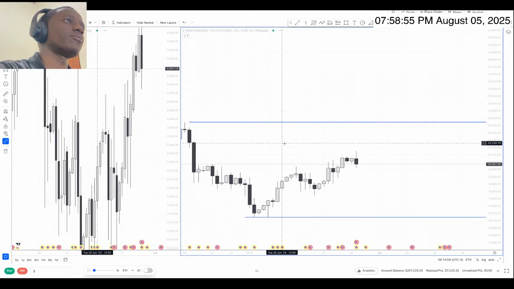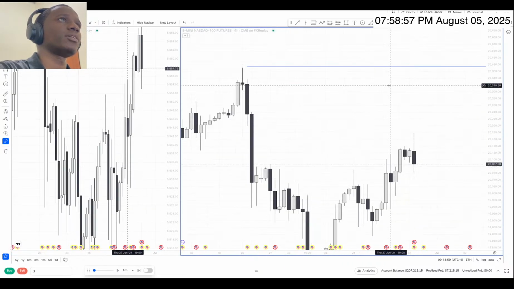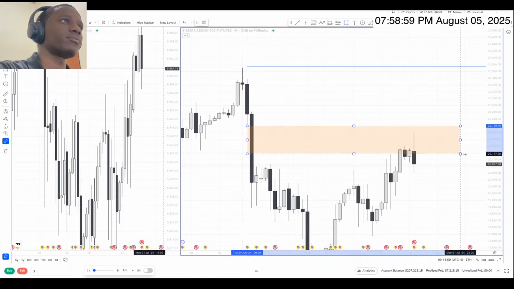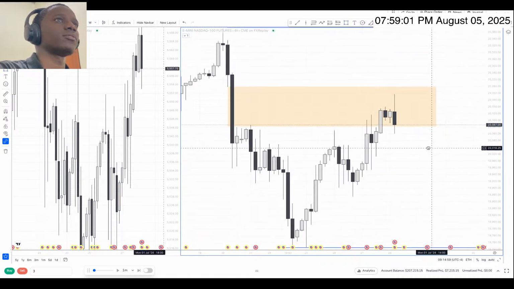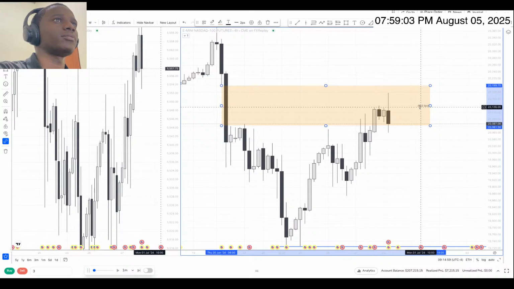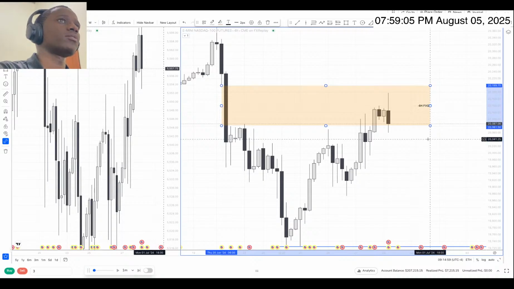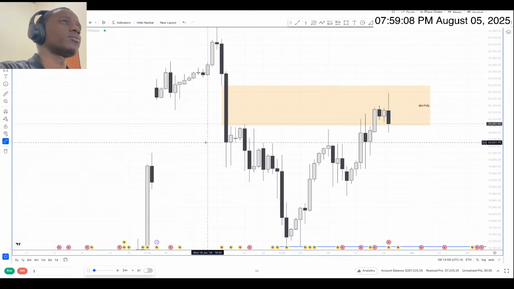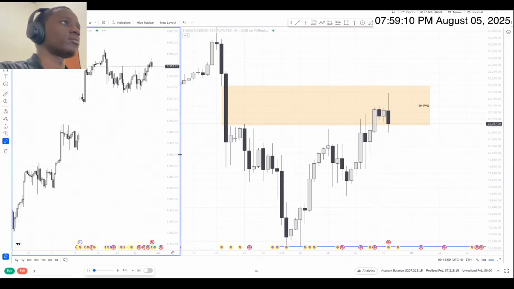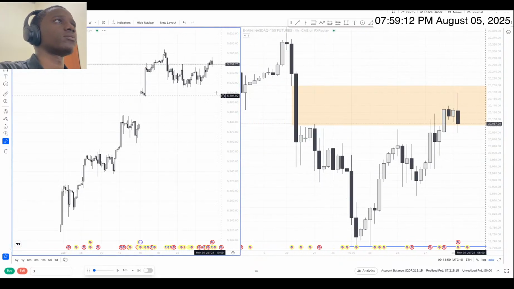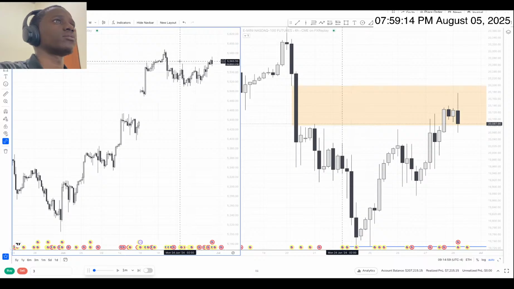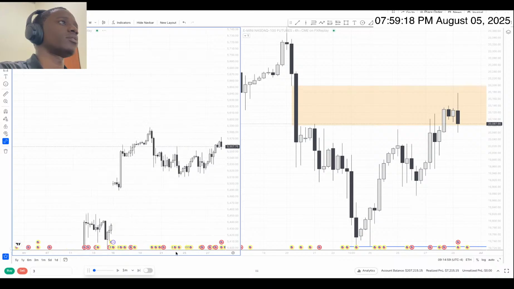This big fair value gap, like to mark. It's a 4-hour fair value gap. So we also took out those highs there on ES.